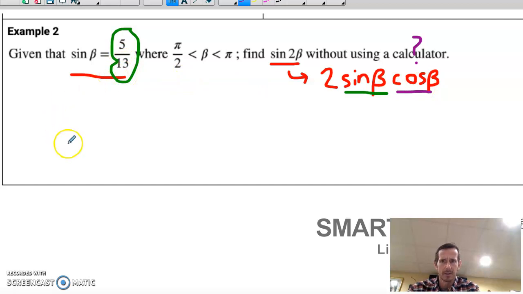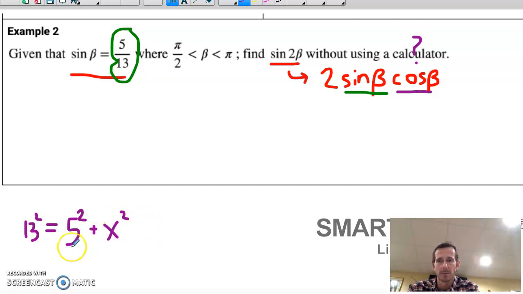And so I can use the little Pythagorean theorem down here and use the fact that 13 squared has to equal 5 squared, which is my y value, plus x squared, which is what goes on top of the numerator in cosine. That's why we did that warm-up in the beginning of example 1 notes.